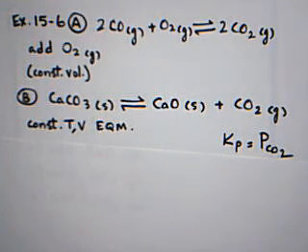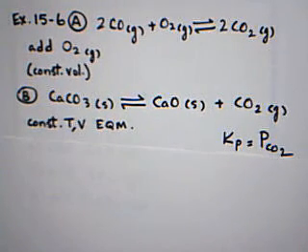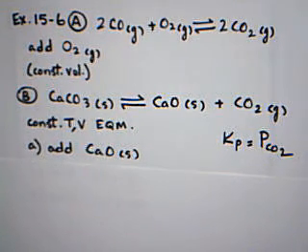That's what they tell us. So we can see that the Kp for this reaction is just simply equal to the pressure of carbon dioxide. Or similarly, the Kc would be equal to the concentration of CO2. And so they're asking us, what's the effect on the equilibrium position by adding some CaO?